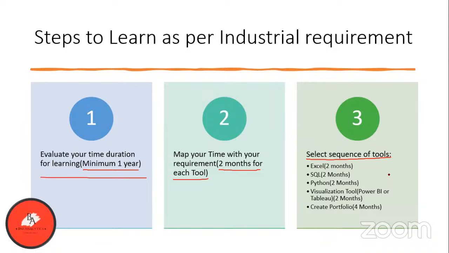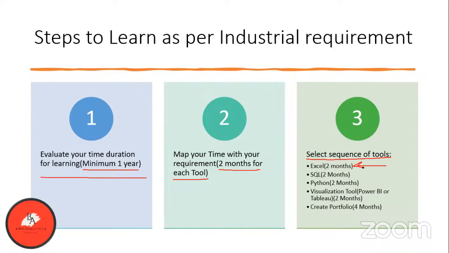The best sequence, even from my own experience, is that first of all, dedicatedly give 2 months to Excel only. Select one tool at a time. Don't get involved in activities where within 1 month all the tools are to be carried on.